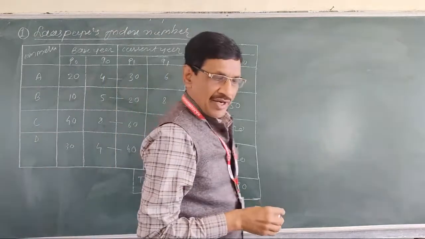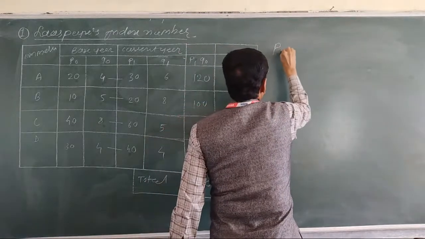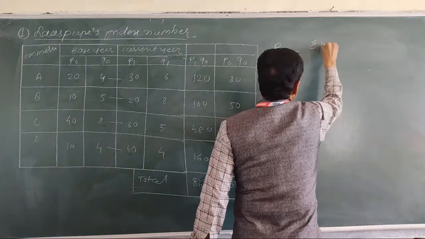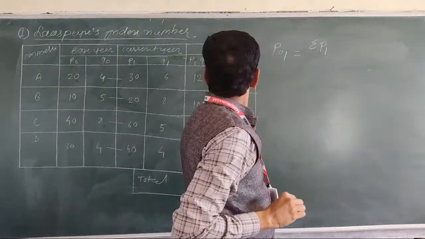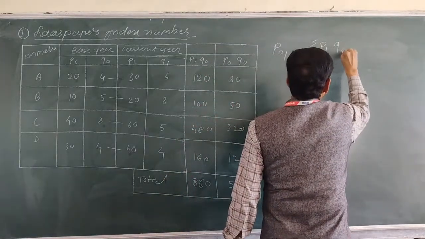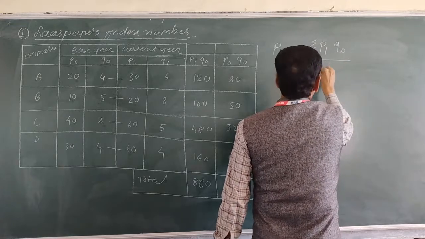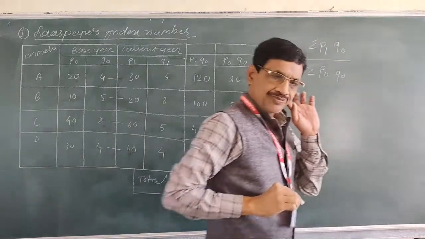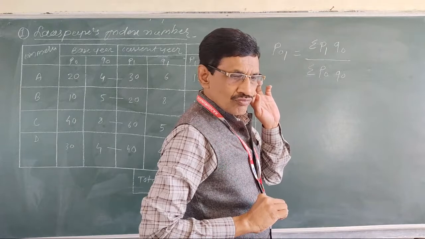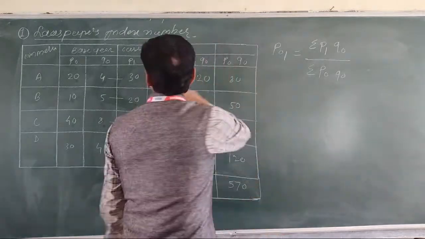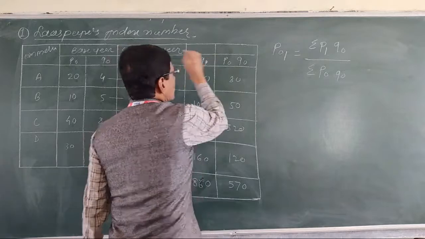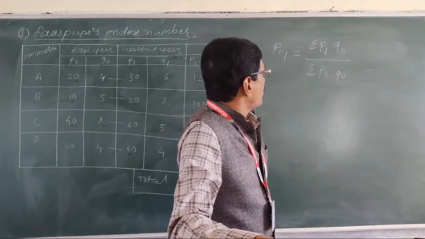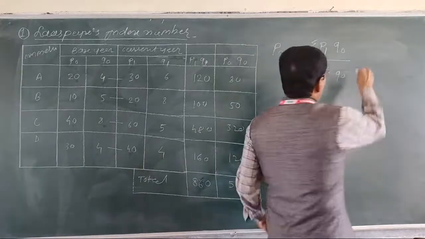Okay, and the formula is P01 is equal to summation P1 Q0 upon summation P0 Q0 into 100.